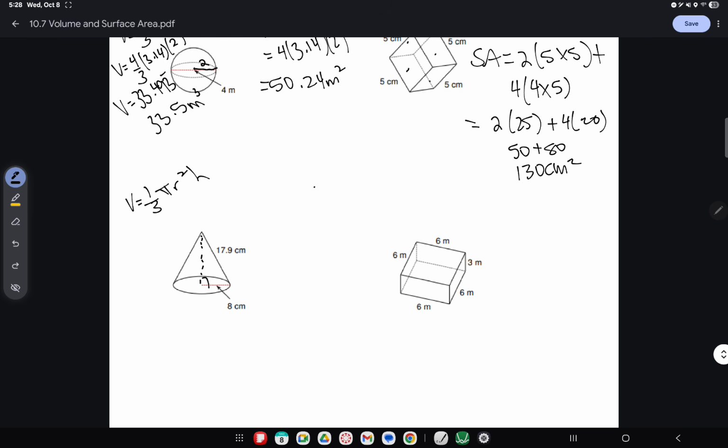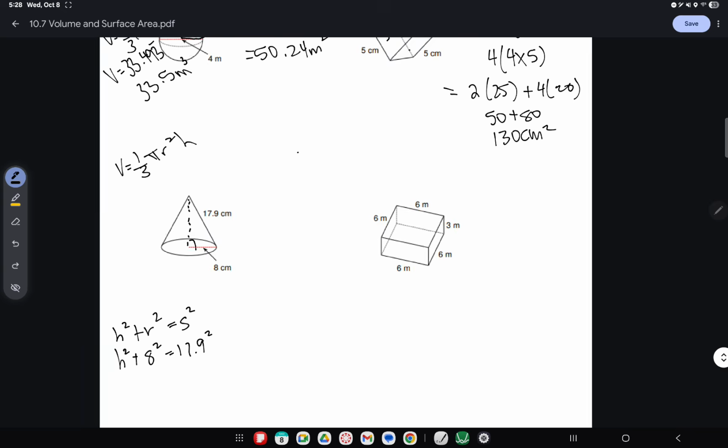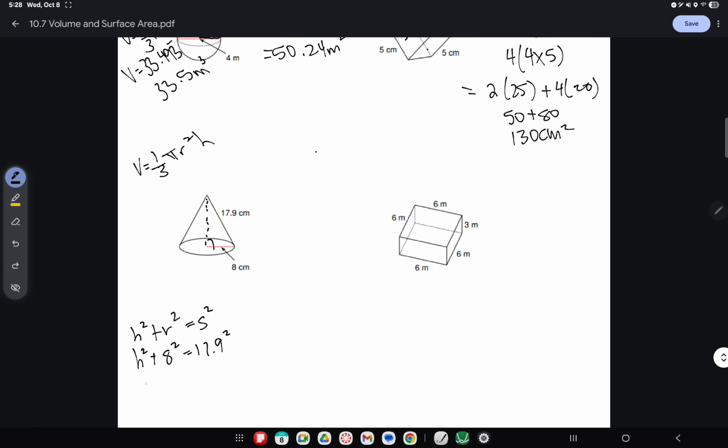This one doesn't give the height. I can find it, though, because it gives me the slant height. So the height squared plus the radius squared equals the slant height, 17.9 squared. And then I can solve for h.